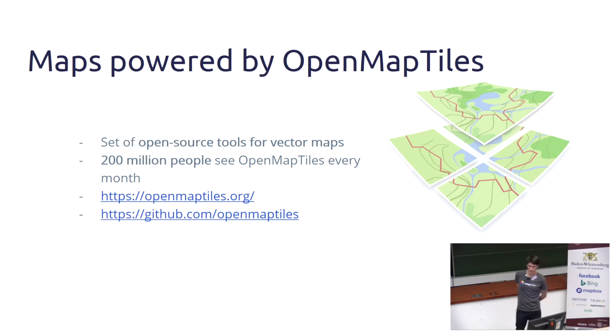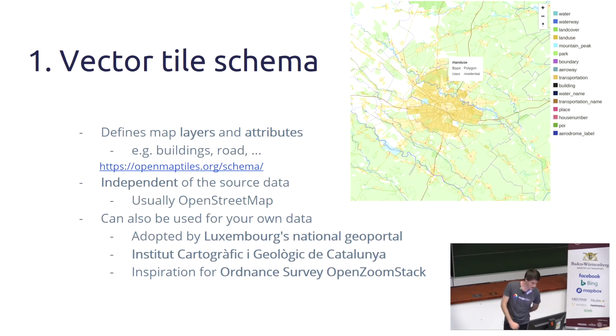It is already adopted by other companies like Carto, or I don't know if there is someone else who is using it. So we estimate 200 million people every day. It's available on openmaptiles.org or on GitHub, where you can find all the tools needed for building.